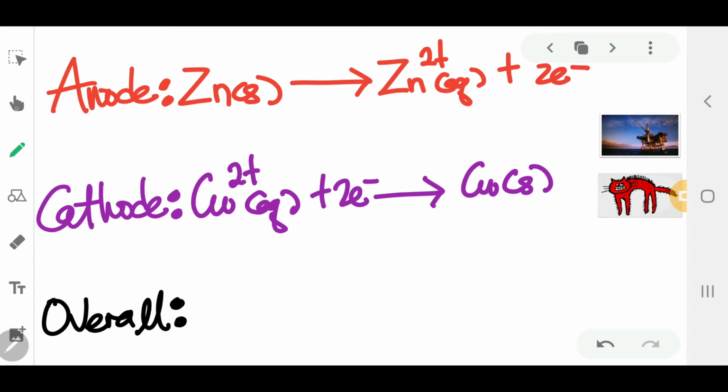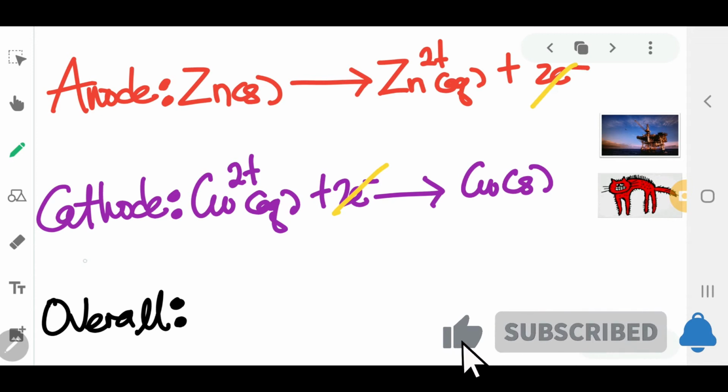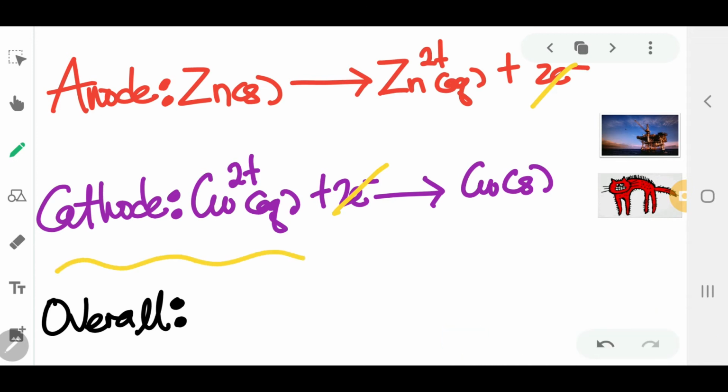When you look at the equations now, you have 2 moles of electrons on the reactant side for the cathode, because the cathode is gaining electrons. And you have 2 moles of electrons on the product side of the anode, on the opposite side. Therefore, we can cancel those and combine both together.